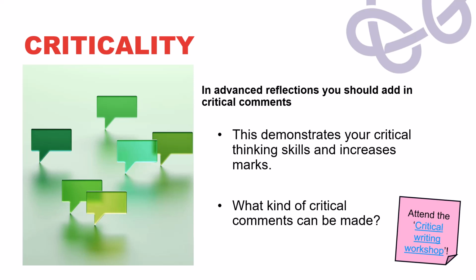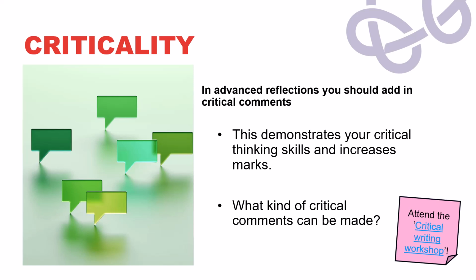Now, we do have a critical writing workshop, which has its own video, so we'd strongly recommend that you watch that. But examples of critical comments could be related to the age, the date that a piece of evidence was published. It might demonstrate your point really, really well, but if it was out of date, you might want to comment on that and then justify why you've used an older piece of research.